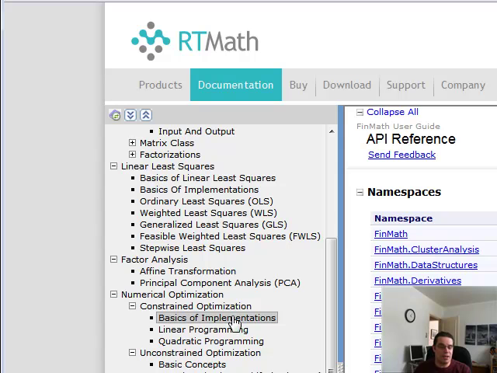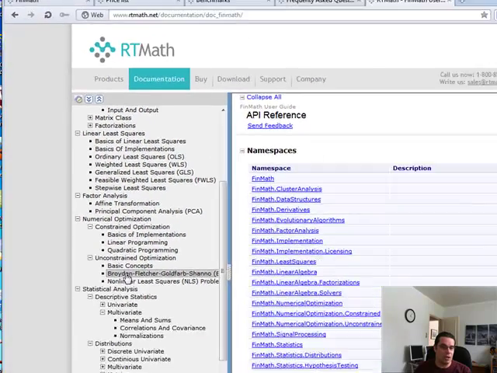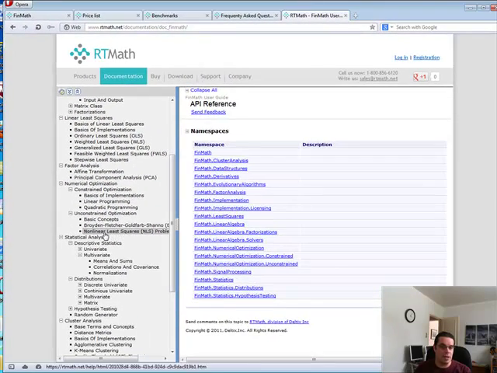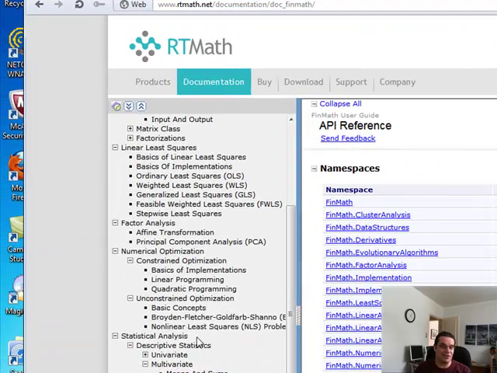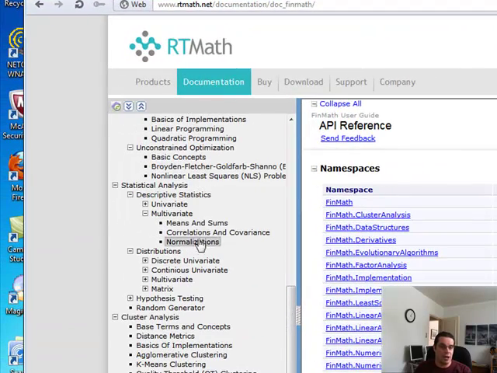And then we get into more linear programming, quadratic programming for linear type of equations, quadratic as well, and some of this stuff I don't really honestly know. I might take a look at it. And then we move into statistical analysis.